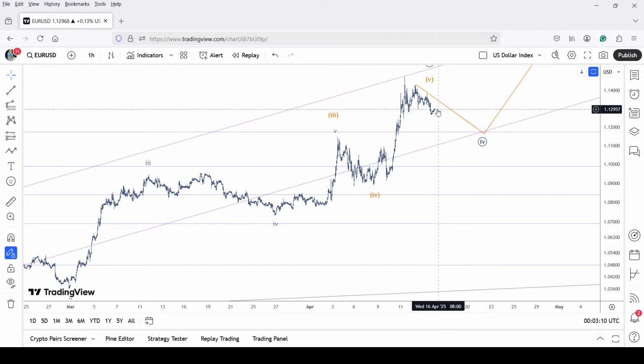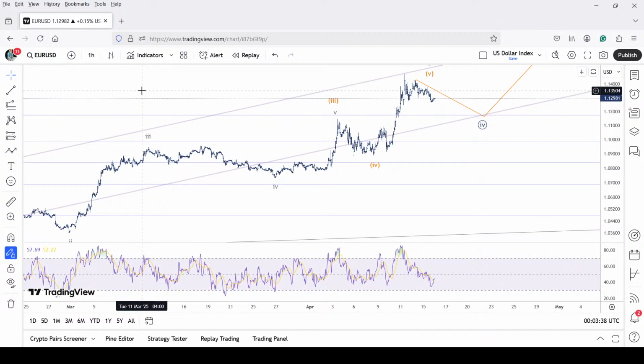So maybe one more low towards 1.1180 would suffice the minimum requirement of a minute wave 4 in the making. The 23% Fibonacci ratio support is also coming in, so we'll be watching for price action to turn from there.